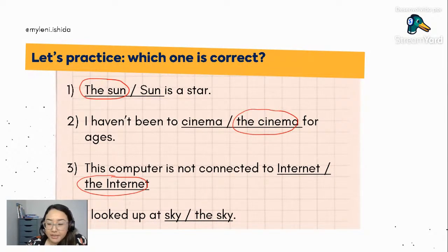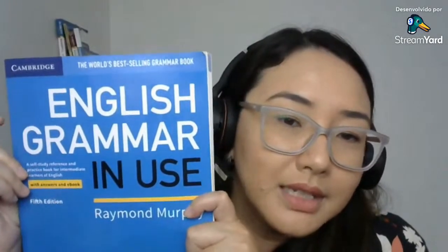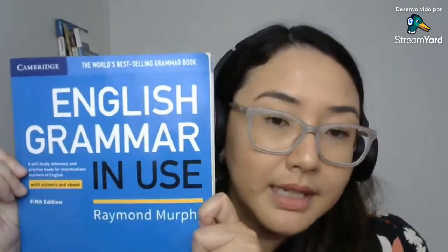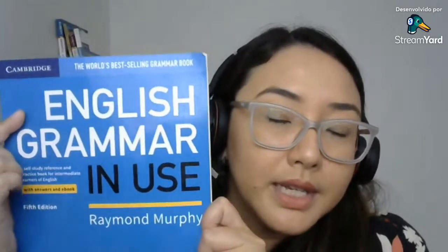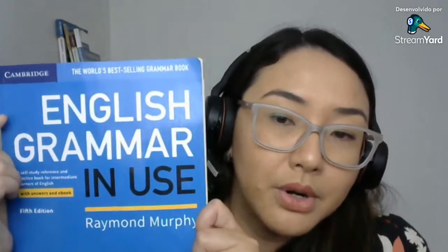I just remember here that, let me just take my book that I consult. Let me give you some recommendation in the middle of the class. Take a look. This is a very good book. If you need a reference for you to study grammar, this is the book I recommend, okay? English Grammar in Use. If you are basic, you are going to buy the orange version, and the blue one is for intermediate, okay?